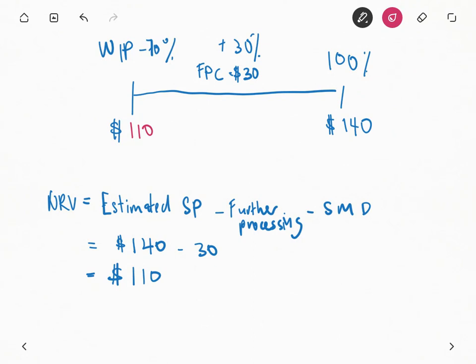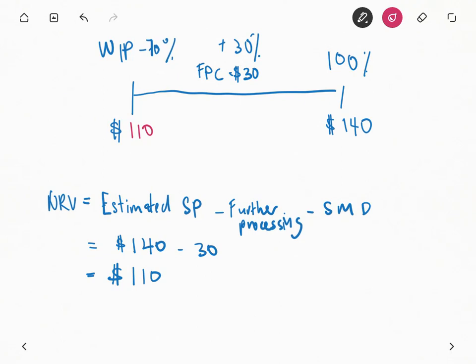Now this is my NRV, then selling, marketing, and distribution. This is the value of the WIP, not the cost. The cost we already record: material, labor, overhead. We calculated that already. That's how we calculate the cost. Now we are looking at the value.